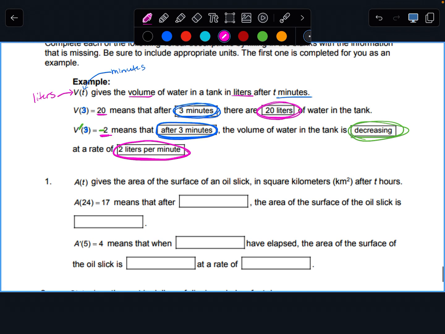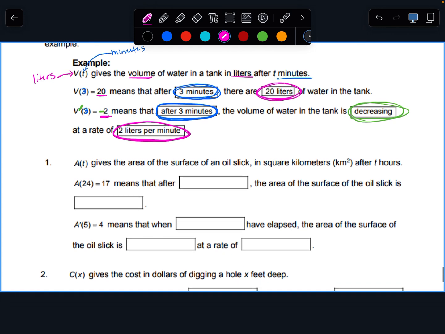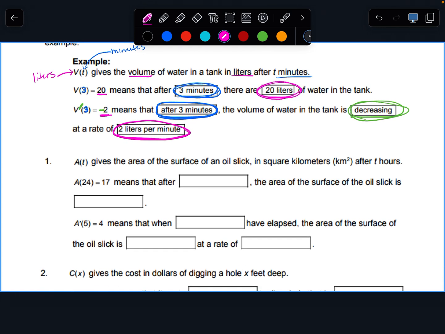So maybe I'll just do one more and then have you guys try the rest. This next one is the area of the surface of an oil slick in square kilometers after T hours. Same thing. Write in A is square kilometers, so I'll go kilometers squared, because then I can reference it as I go. And T is hours.